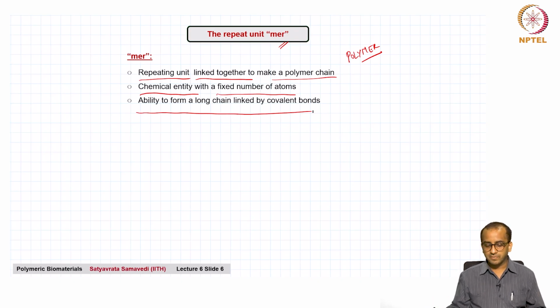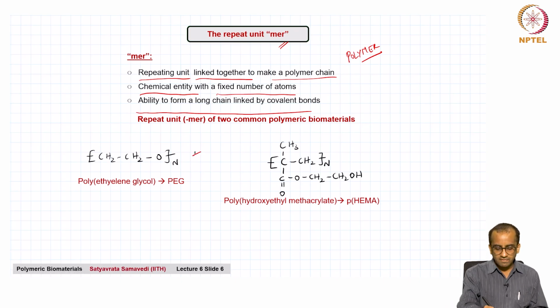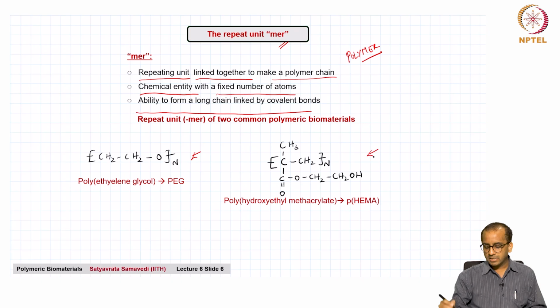and this is something we have already seen. And shown here are two examples of common polymeric biomaterials that are used both in biomedical engineering and in the clinic. On the left you have polyethylene glycol or PEG, and on the right you have polyhydroxyethyl methacrylate or polyHEMA.